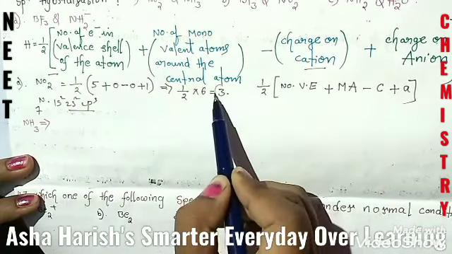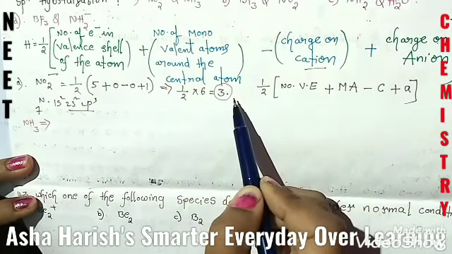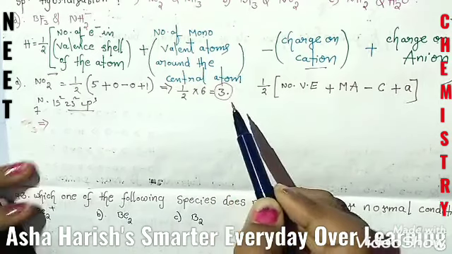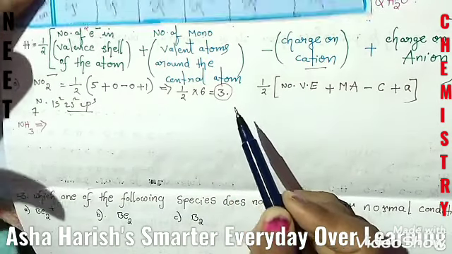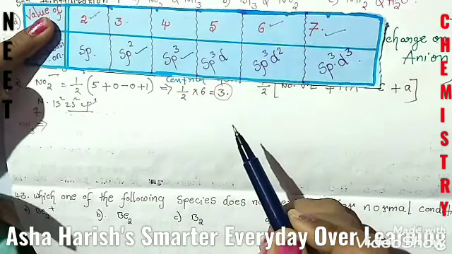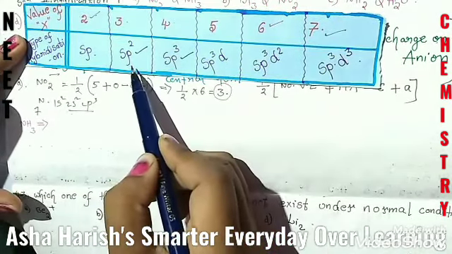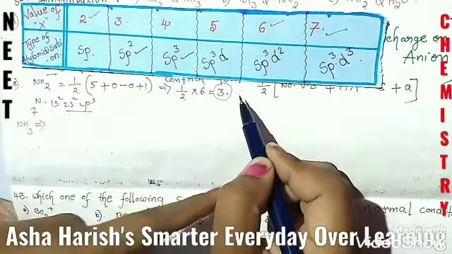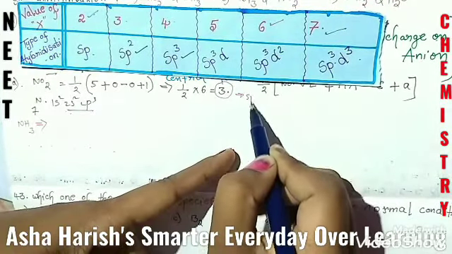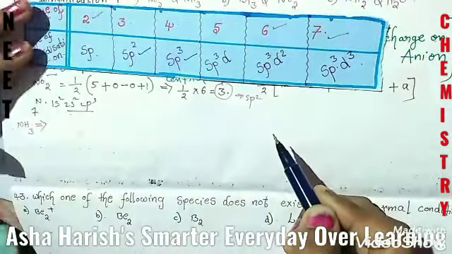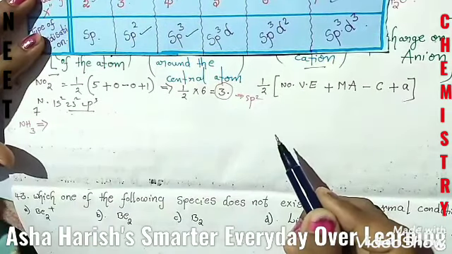Now in this calculation we got 3. Okay students, when we get 3, the hybridization is sp2 hybridization, right? We can write here sp2 hybridization. Okay students, and the next one is NH3.